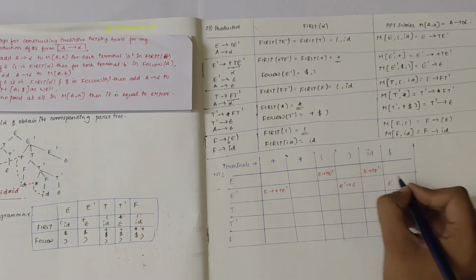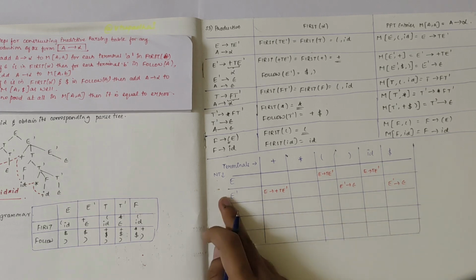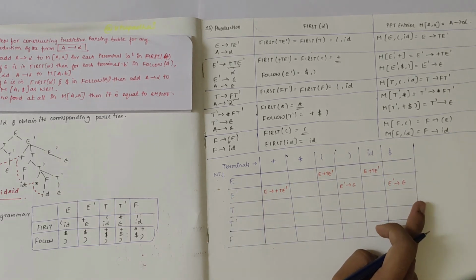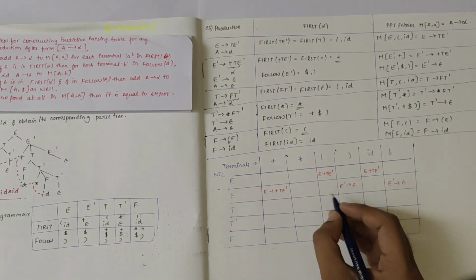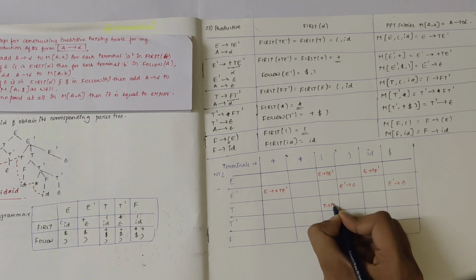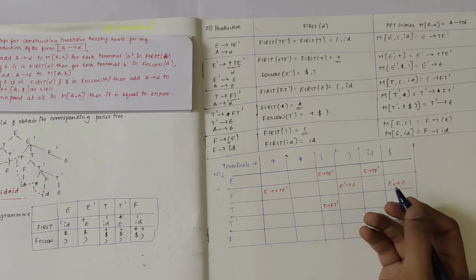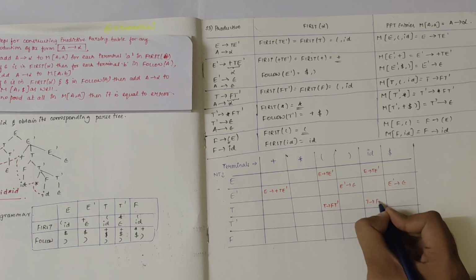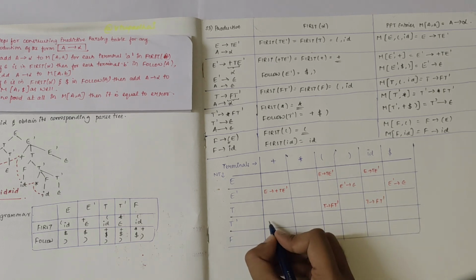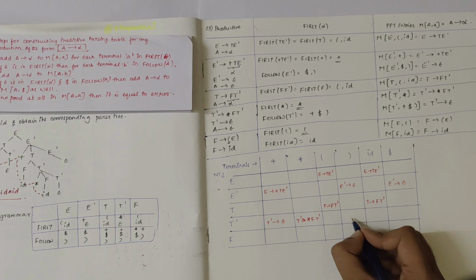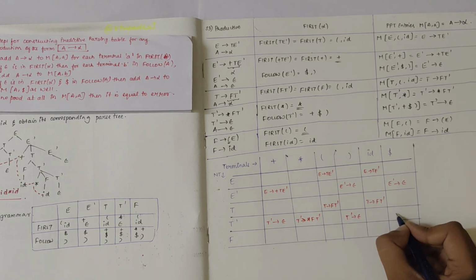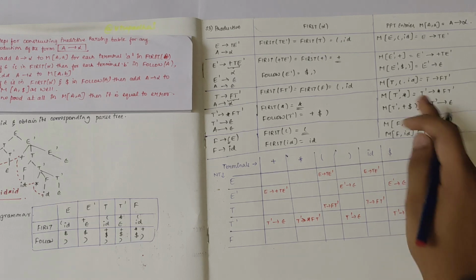On T comma open bracket we have T derives FT dash, T comma ID we have T derives FT dash, and on T dash we have T dash derives epsilon, T dash derives star FT dash, and here we have T dash derives epsilon, and T dash on dollar we have T dash derives epsilon.